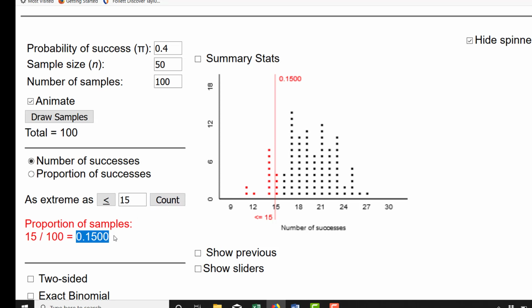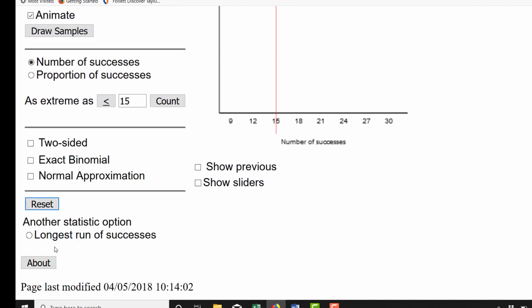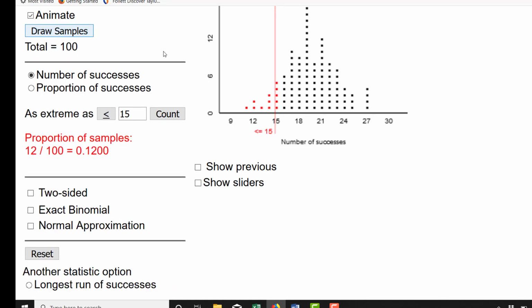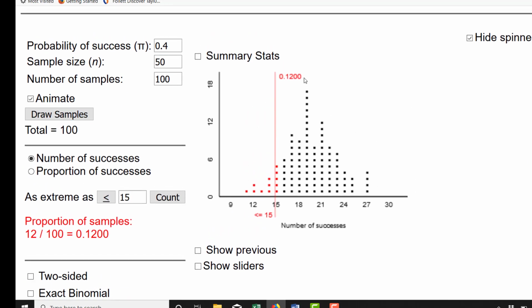Again, though, if you do this simulation and you got something slightly different, that's okay. You might have 0.16 or 0.14. In fact, let me just real quickly reset this and let's try a new simulation. All right, I redid it. I did a new simulation and notice this time my p-value is 0.12, 12 samples out of the total 100. So my p-value is 0.12, which is very close to 0.15.